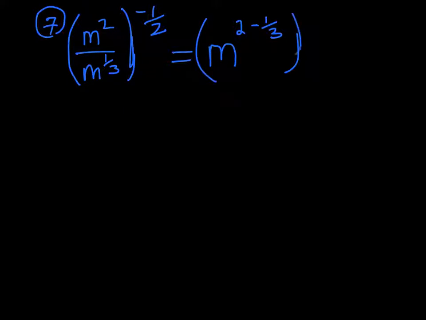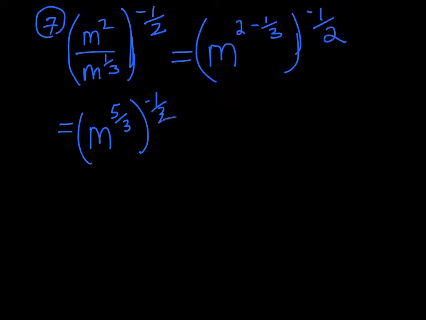And don't forget that that is raised to the negative 1/2 power. So then I'm going to subtract those, and when I do that, I'm going to get 5/3. So I'm going to get m to the 5/3 power, and then remember that whole thing is raised, whoops, let's make that a 2, to the negative 1/2 power.